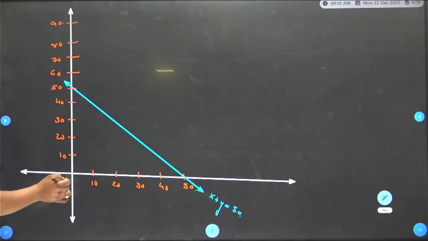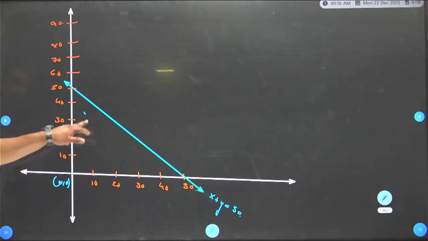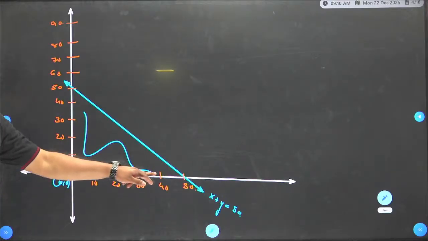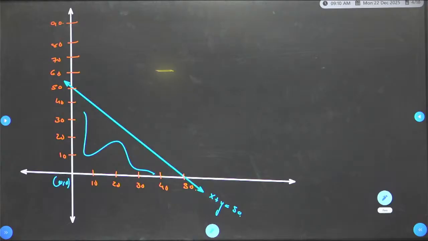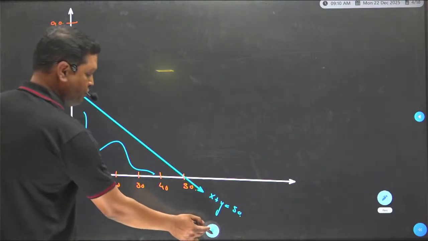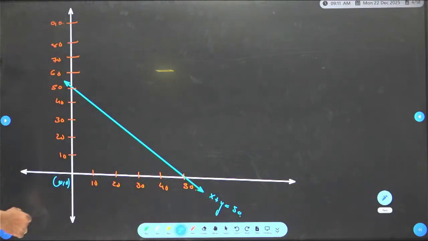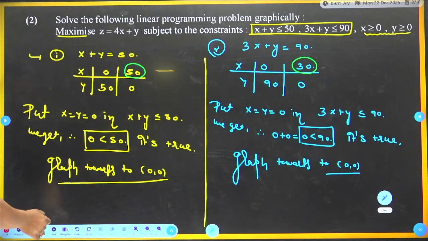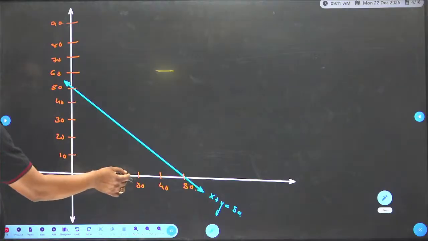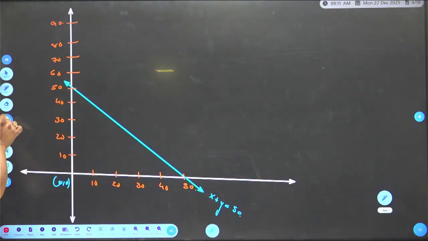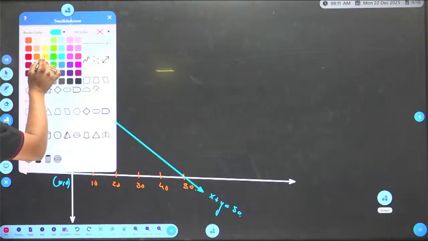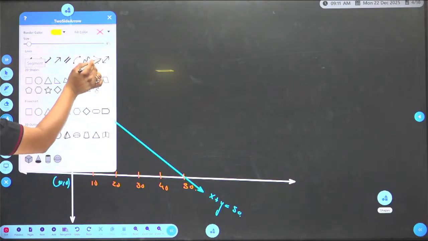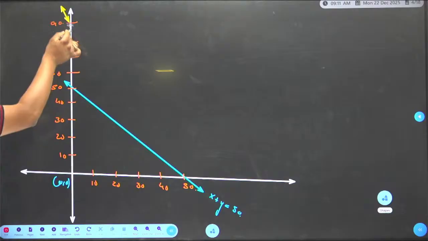Now look at this, that direction. Is it towards 0? Please don't write, just look. This is the direction towards the origin. Now the second one is what? X is 30, Y is 90.